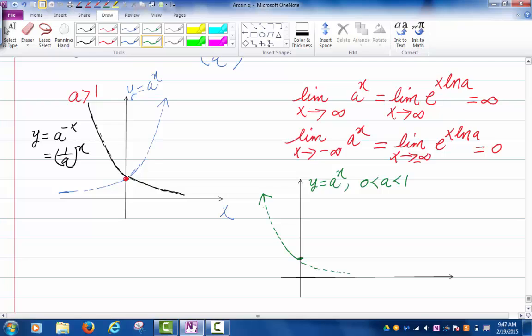It looks like the blue one or the black one? Blue one. And what's the graph of 2 to the negative x? The black one. If I say half to the x, what's the graph of half to the x? It's still the black one, right? Everybody sees those? Okay.